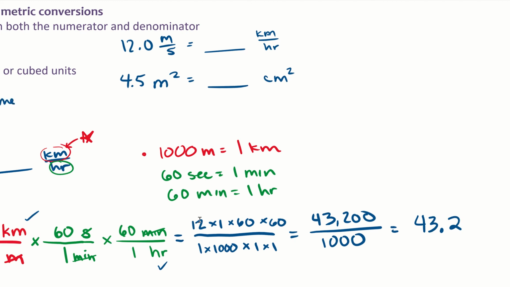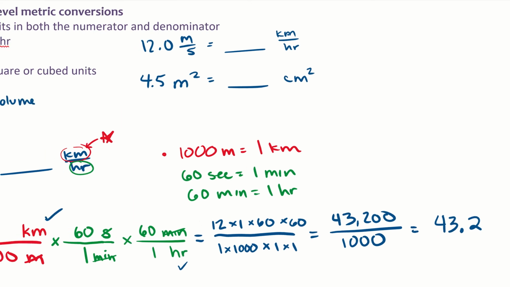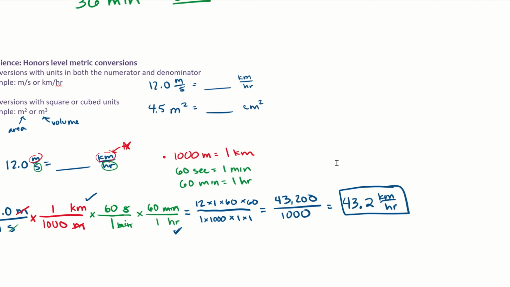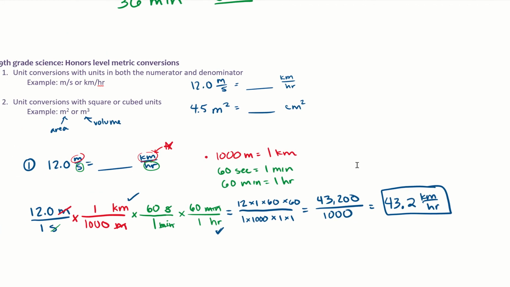And my units are kilometers per hour, so I write it down with my units of kilometers per hour. Okay, so I'll zoom out so you can see the whole thing. So that's the first example, converting when we have units in both the numerator and denominator.